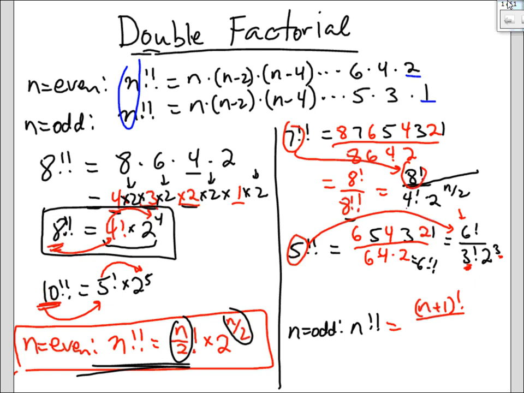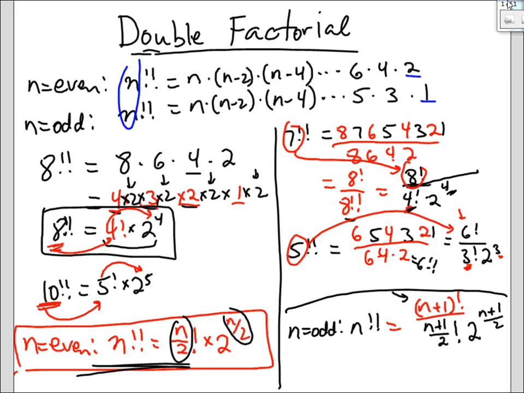When it was 8, we put half of 8 here, we put 4 here and here, half of 8. So I take half of this, n plus 1, which is n plus 1 over 2, factorial, times 2 to that same number, n plus 1 over 2.